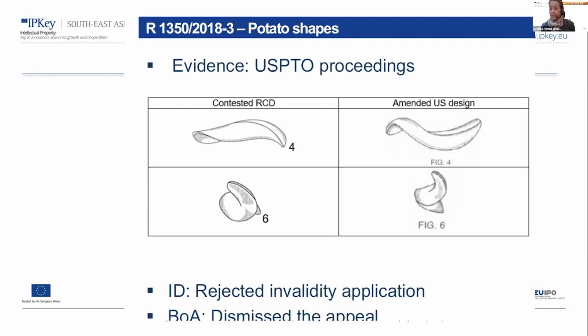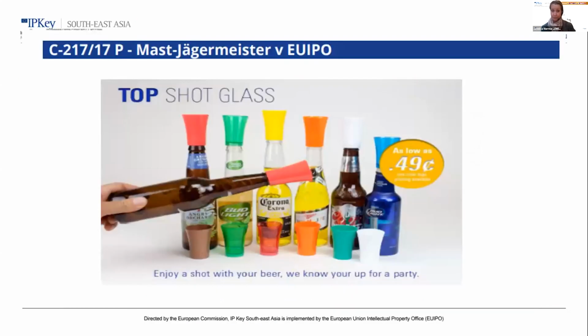The second case, also about representation, we can move on the slide, thank you, is very interesting because it has gone up to the Court of Justice. So we are talking about how we examine how the design is represented before registering it.